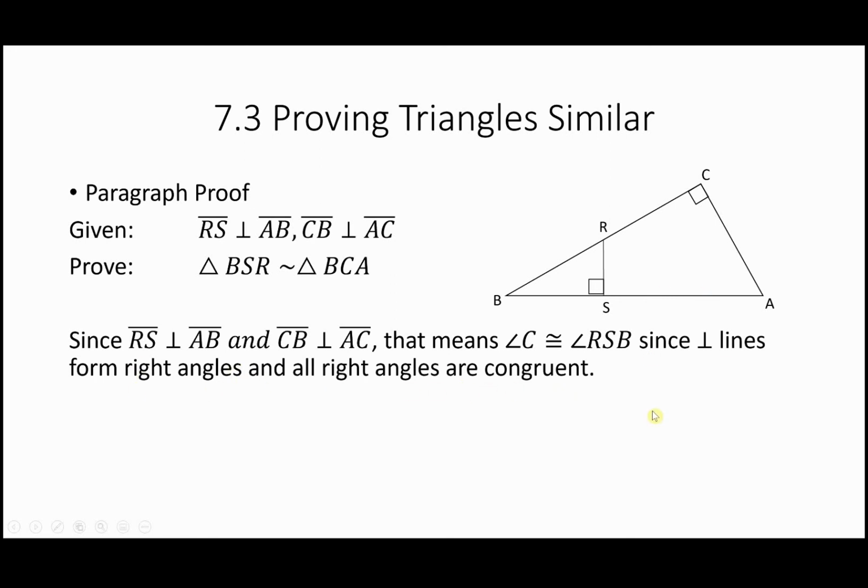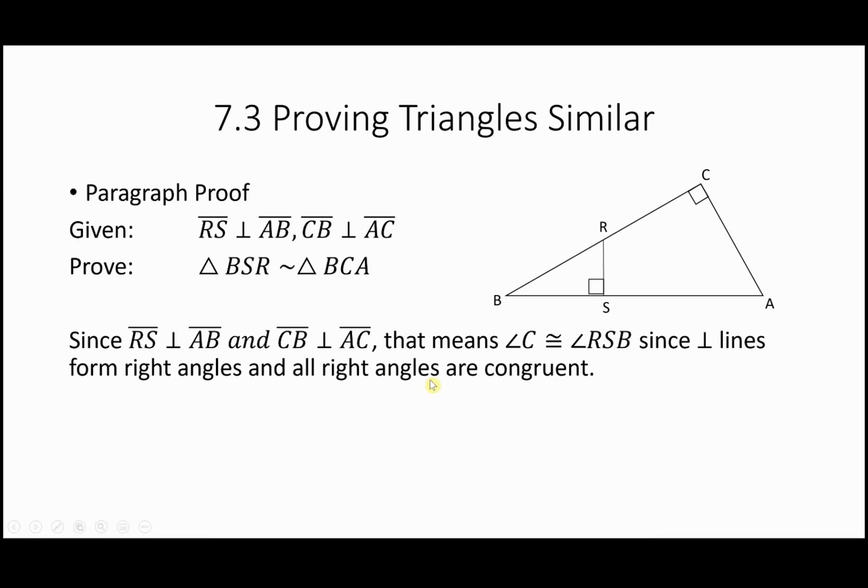So notice that in this run-on sentence, and this isn't an English class, I have taken the given information and drawn a conclusion and justified it. Sorry, I'm using two theorems, not the definition of perpendicular lines, but a theorem associated with perpendicular lines, that perpendicular lines form right angles, and that all right angles are congruent.